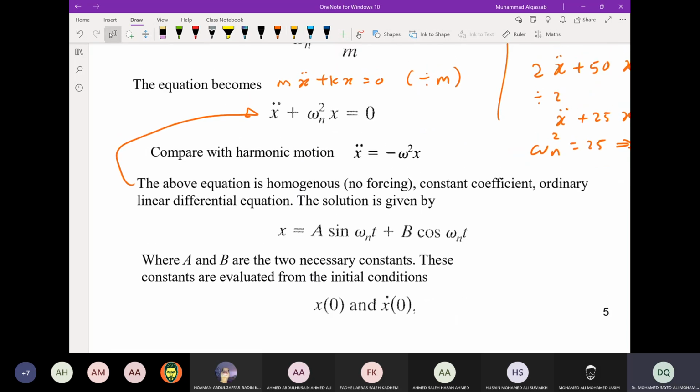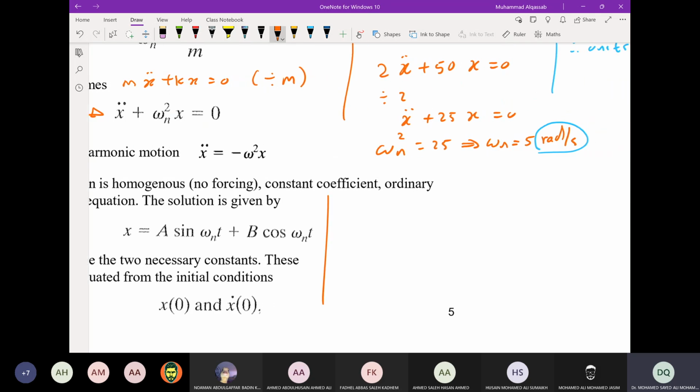There are 2 terms in the solution, but usually for a differential equation, you will assume that x equal to exponential e to power st. In general, you will assume that x equal to e to power st, where s is constant. We will do this in the next section.